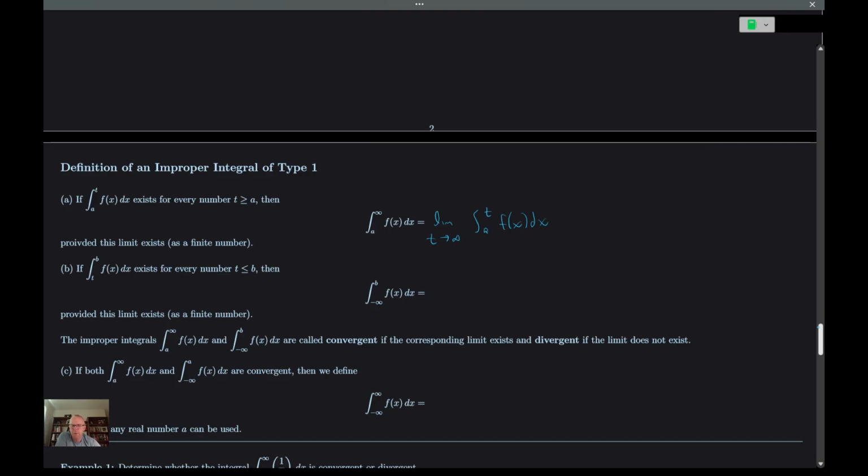The other way, of course, if we're going out to negative infinity, we can do the same thing. We'll take the limit as t goes to negative infinity. Now we're starting with the integral from negative infinity to b, so we're going to go from t up to b of f of x dx.